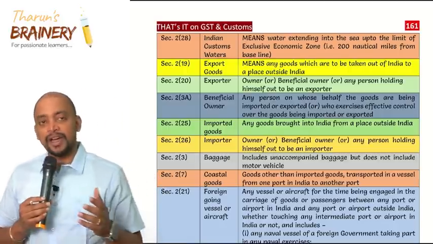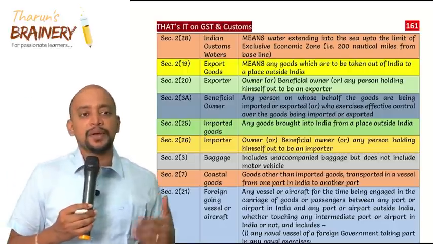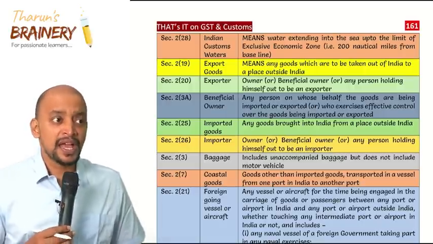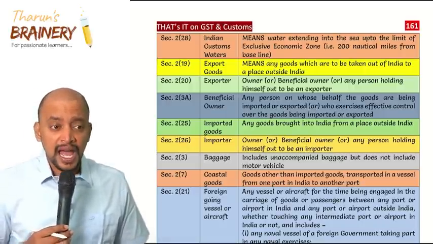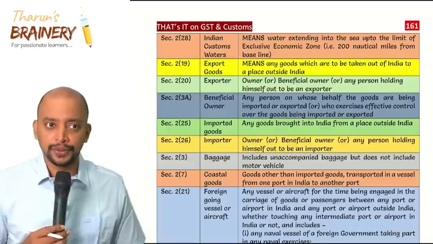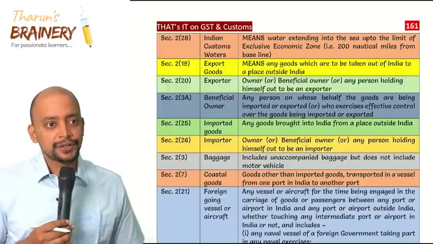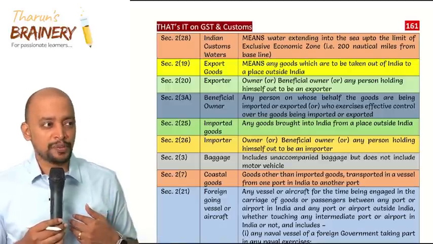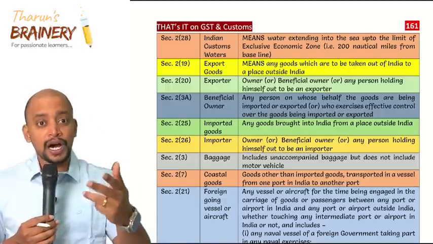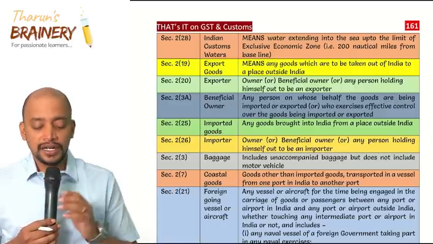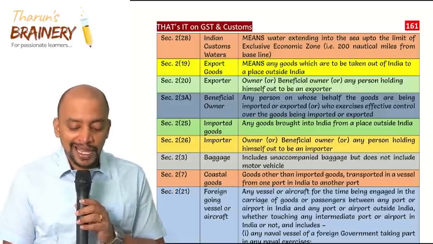If I am manufacturing the goods and I am exporting the goods, I am the owner of those goods, so I will be called exporter. If I am manufacturing the goods and you are exporting the goods, I am the beneficial owner of those goods, but you are exporting. So I am also treated as exporter for the purpose of customs. You are also treated as exporter for the purpose of customs because you are holding yourself out to be the exporter.